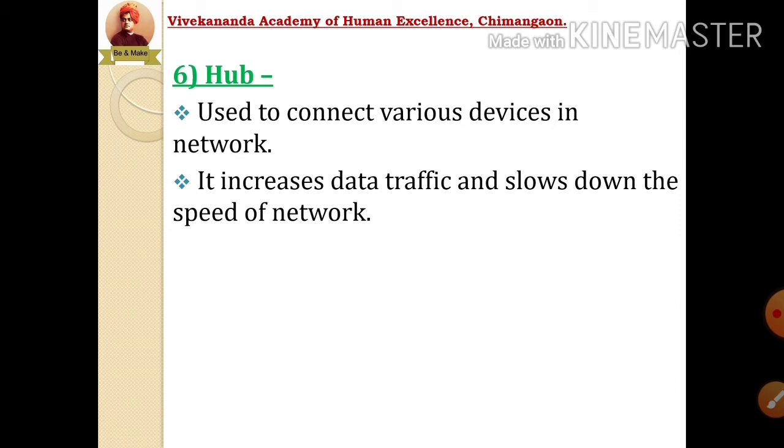It increases data traffic and slows down the speed of network. Now with hub, as it is used to transmit data, it will increase the data traffic on network, which results in slowdown of the speed of the network.